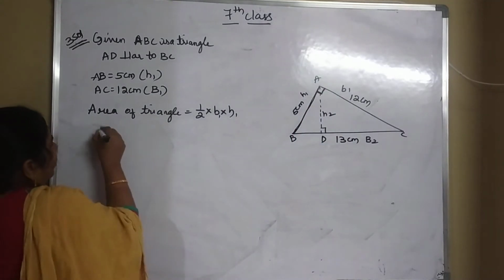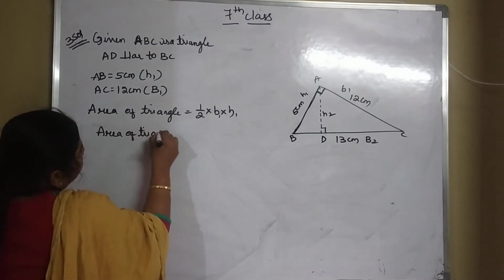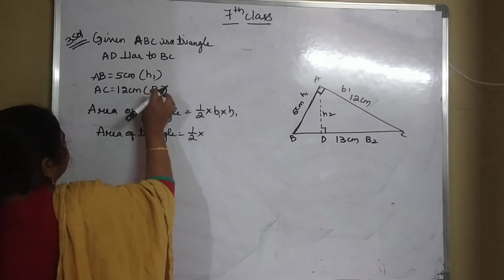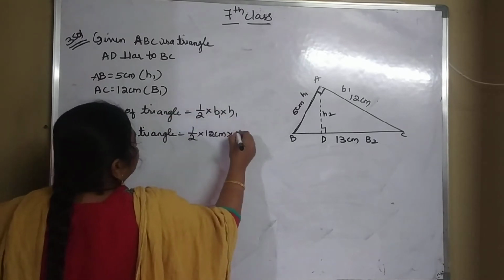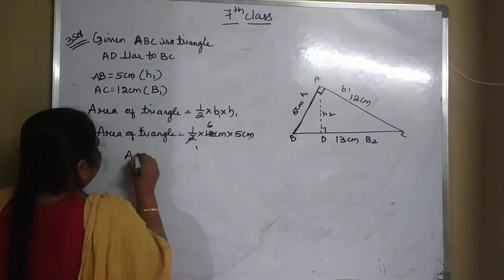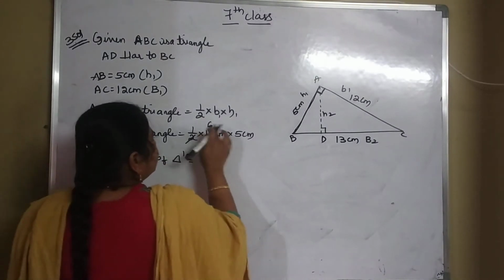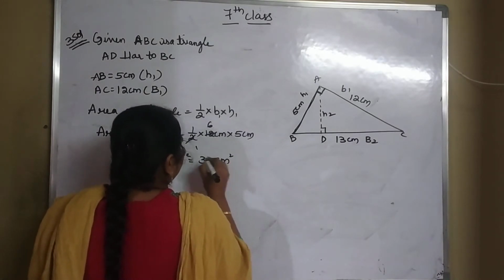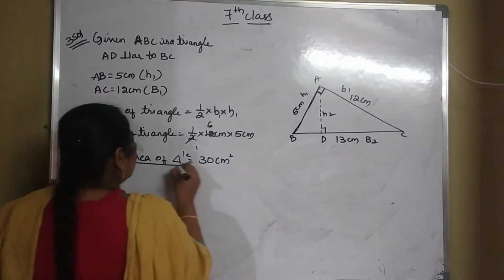Here the area of the triangle is equal to half, B1 is 12 centimeters and height is 5 centimeters. Half of 12 is 6, and 6 fives are 30. So the area of the triangle is 30 centimeters squared, since centimeter into centimeter is centimeter square.